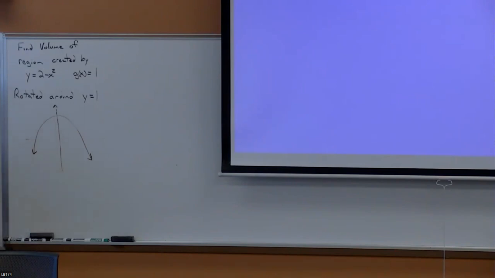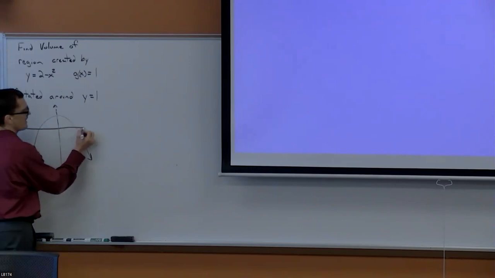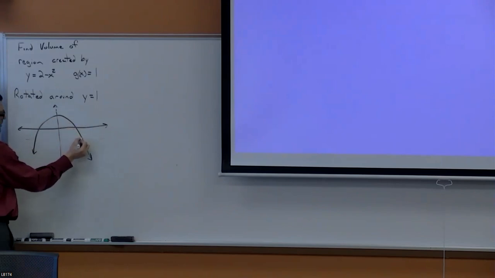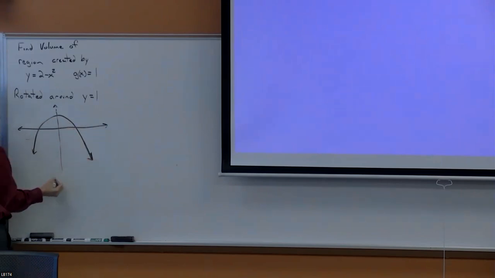Now y equals 1 is a line that is horizontal and above the x-axis. That's this line, g of x equals 1.